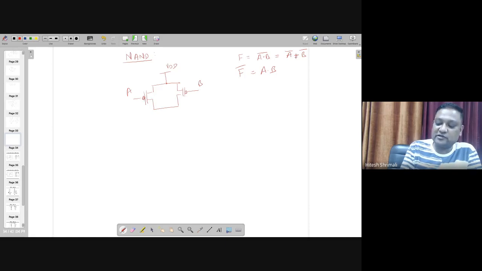Both are in parallel, so it's A bar or B bar. That's fulfilled, and the other side is going to be the series one, where A and B will be here and the output will be taken from here.